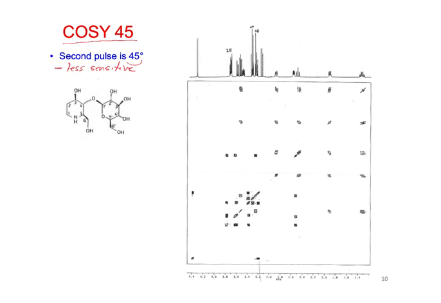But there are some positives here too. Why is it less sensitive than COSY 90? Well, remember when we walked through how all of those worked, it was a smaller peak.